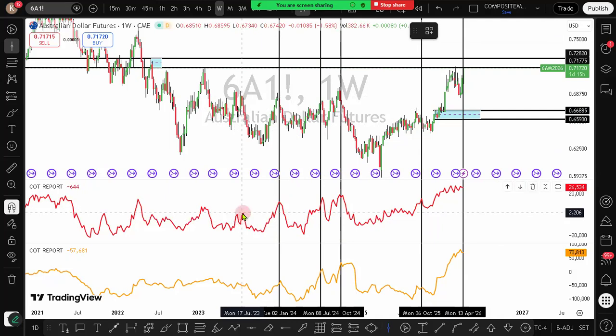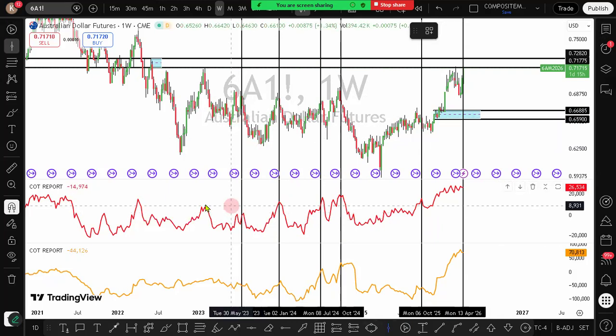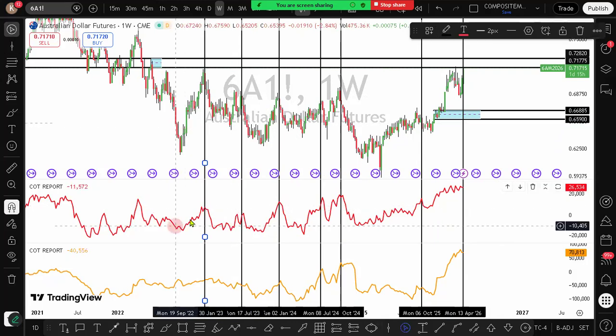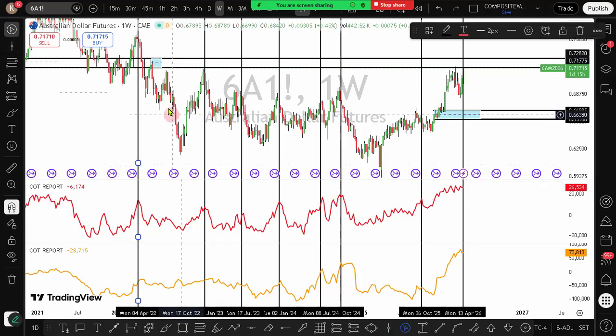Look at this spike, the market drops. Here again they get more bullish, and you get that dive to the downside. Here they get more bullish, and you get that big drop.